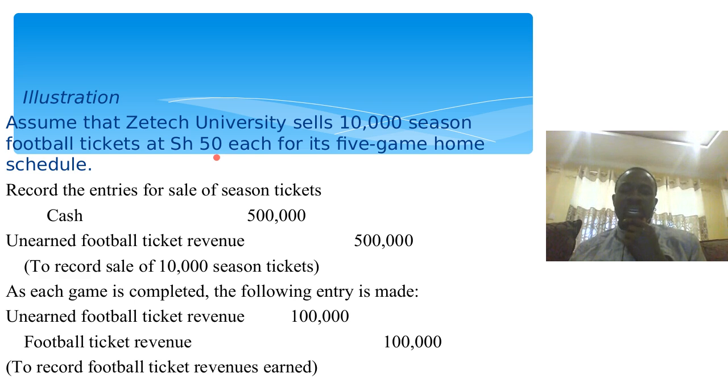So that gives us 10. For each game, we'll have 50 divided by 5. So that will be 10.